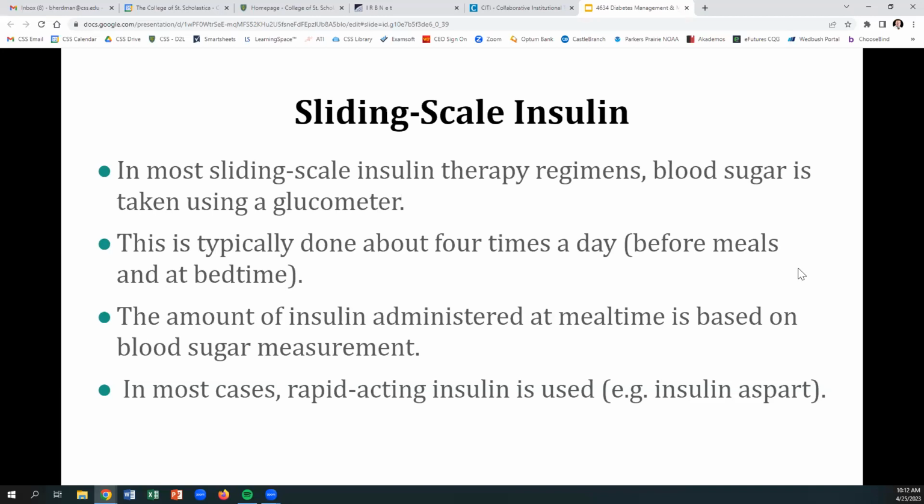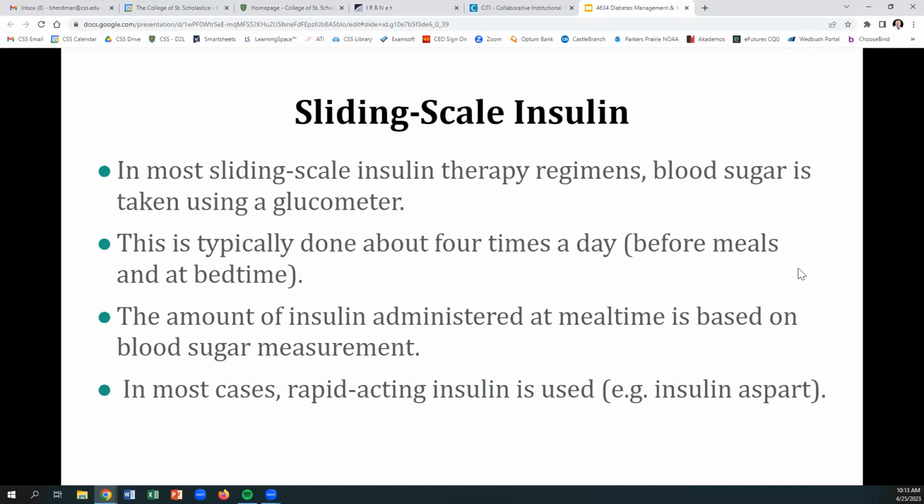In most cases, this is going to be your rapid acting insulin. So it's going to be your blue pen with an orange top. This is your insulin aspart, which is one of the most common that is used for sliding scale correction. Okay. Another name for sliding scale insulin is also called correctional insulin because we are correcting the blood sugar based on the glucometer reading.